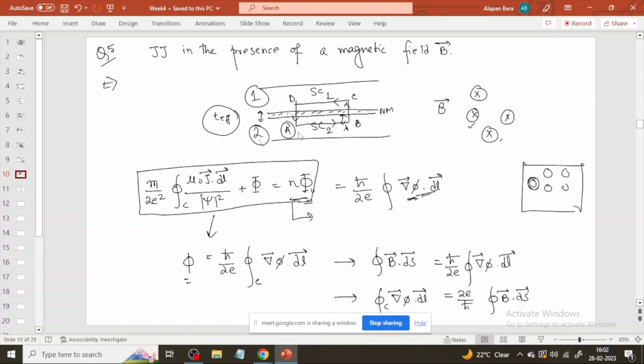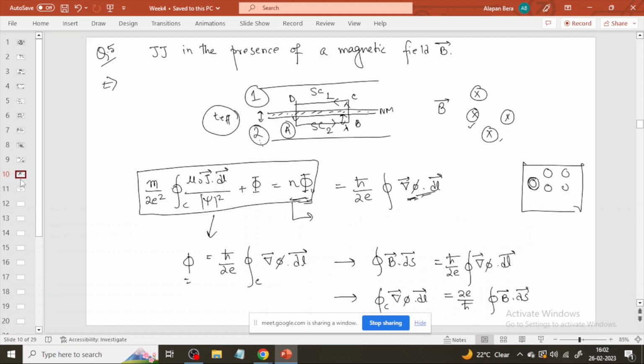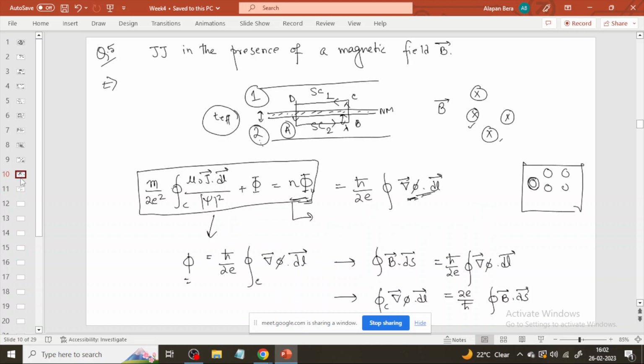Let's say we have taken this axis as the x-axis. This point is x, and this distance is delta x, so this point is x plus delta x.